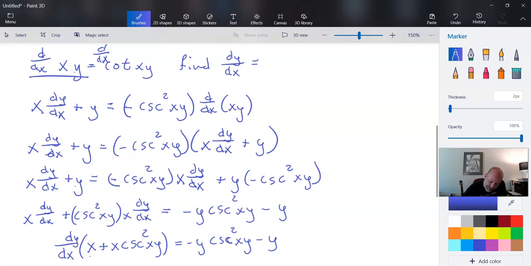And what I end up with is that dy dx is equal to negative y cosecant squared xy minus y over, and then now we're just going to include this part, x plus x cosecant squared xy, right?